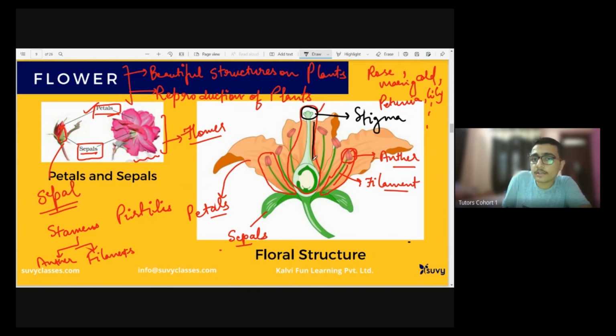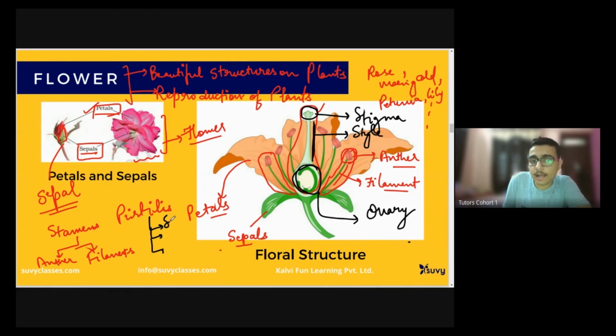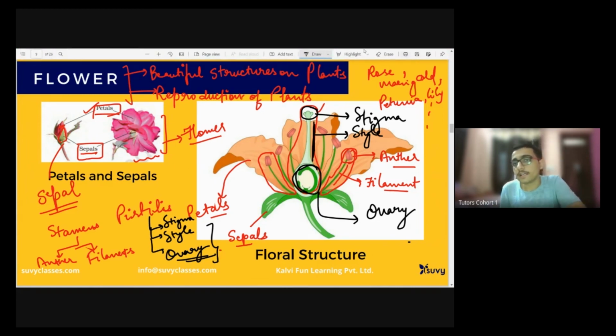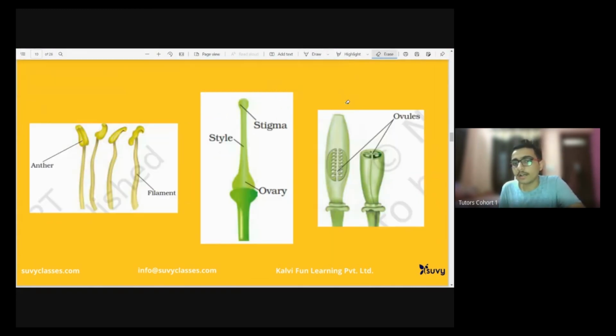This tube-like structure is known as style, and this circular ball-like structure is known as ovary. So pistil has three parts: stigma, style, and ovary. Clear? Now I will discuss these structures in more detail in the next slide.